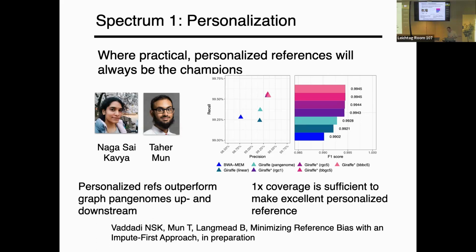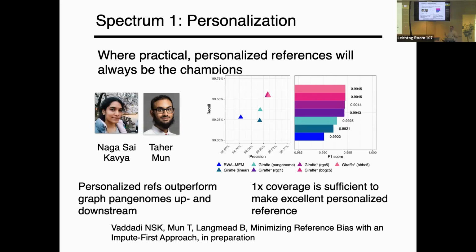And indeed, with a strategy like this, we used a genotyping tool that we developed called Rowboat, together with an existing imputation tool called Glimpse, which is quite excellent. And then we aligned all the reads to a personalized reference that we made using Giraffe. So this was actually a Giraffe graph, but where the only forks in the road in our graph genome were the heterozygous variants for this individual. We had better downstream variant calling accuracy.